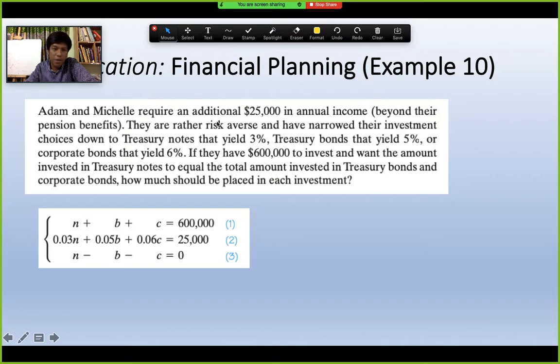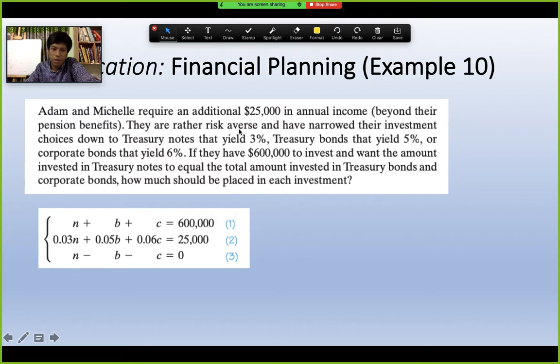This is our application math from our book. This is example number 10 from the book. Adam and Michael require an additional dollar amount in annual income beyond their pension benefits.